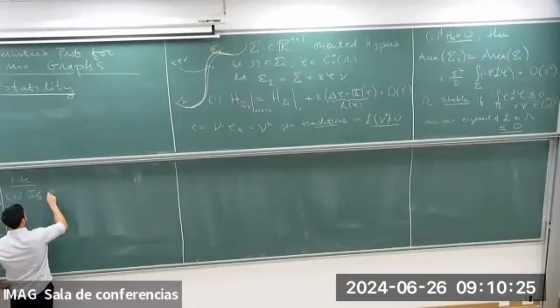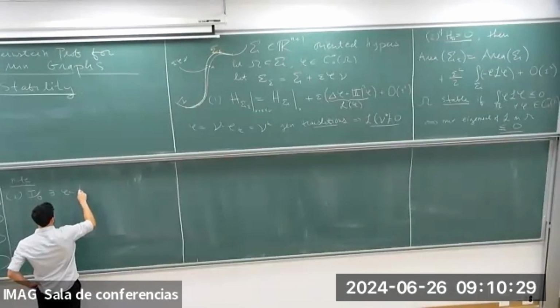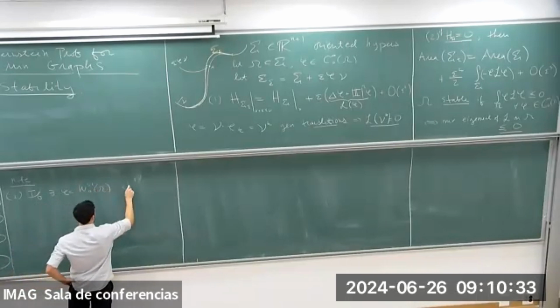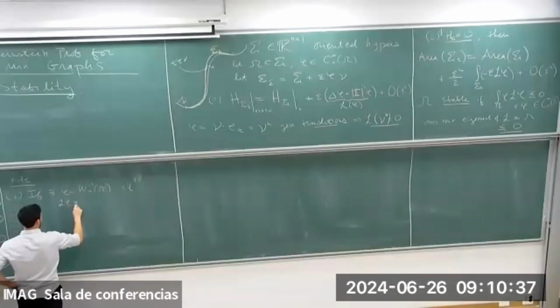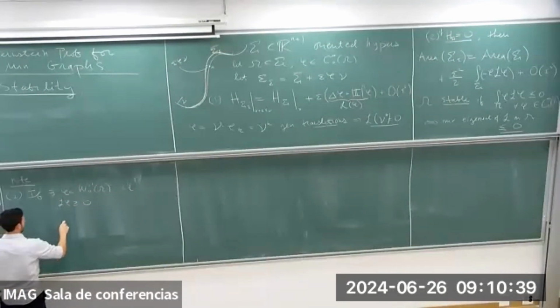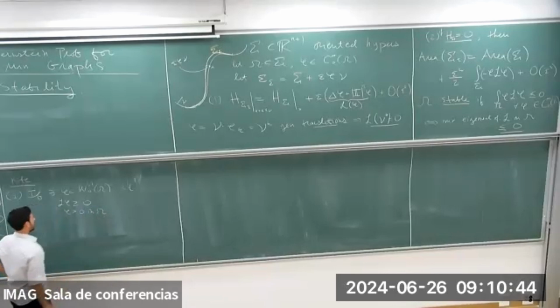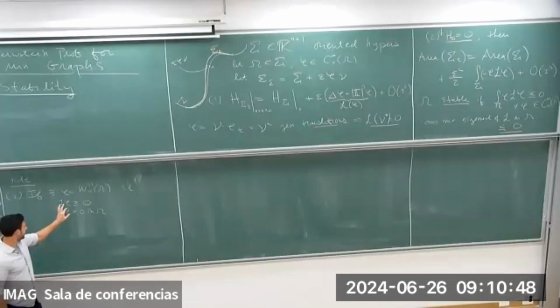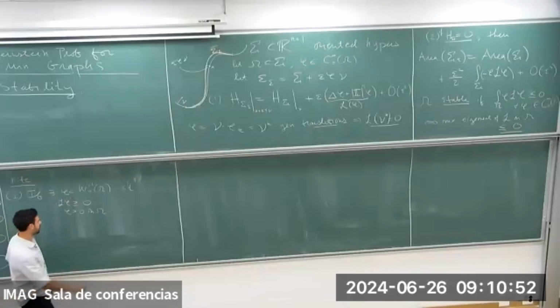So if there exists φ in W^{1,2} such that it's a subsolution, so Lφ is bigger than or equal to 0, and φ is bigger than 0 in Ω, so it's positive, and if this is a strict inequality somewhere, then we get instability.